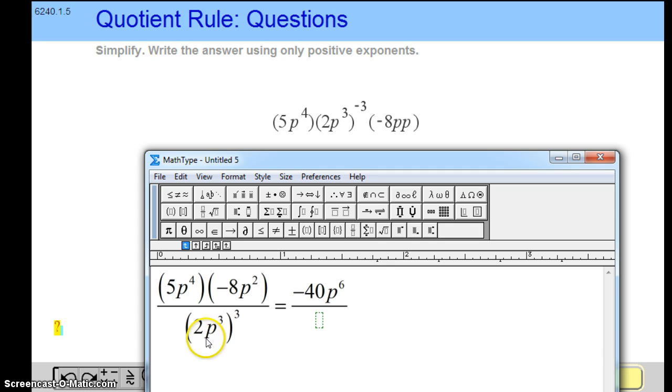On the bottom, we're going to be multiplying the exponents, but we also have to cube the 3. So it's 2 to the 3rd power times p to the 9th power. And 2 to the 3rd is 2 times 2 is 4, times 2 is 8.